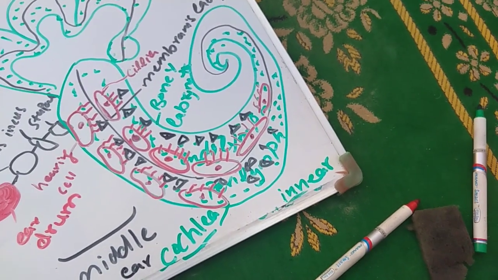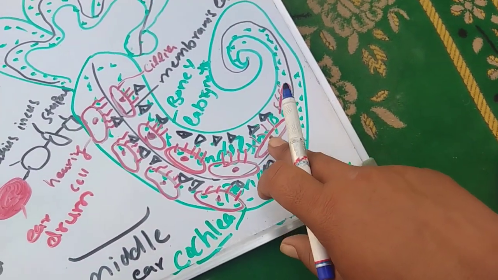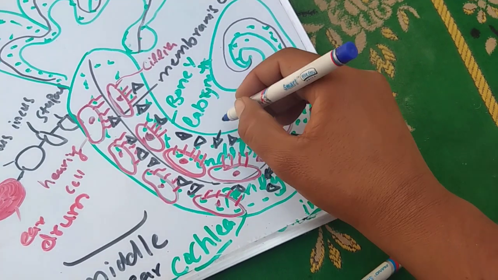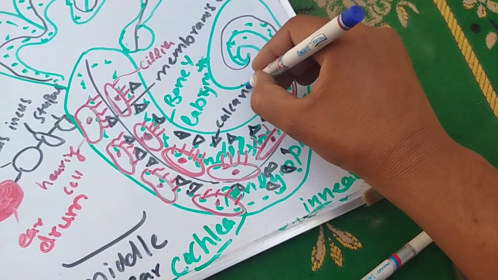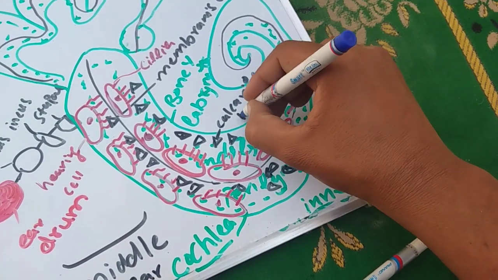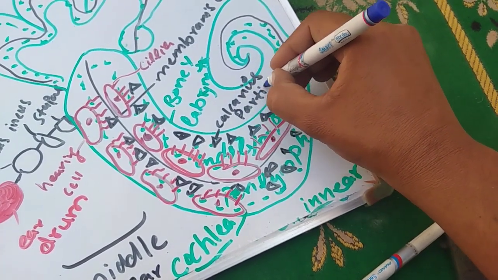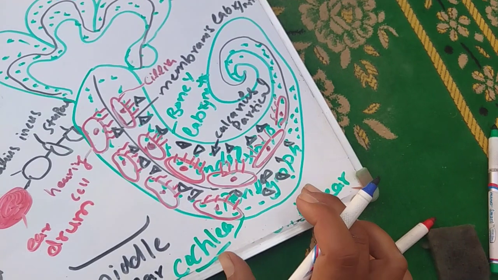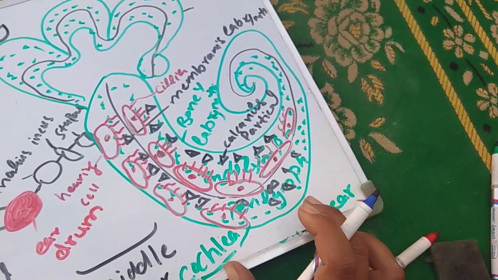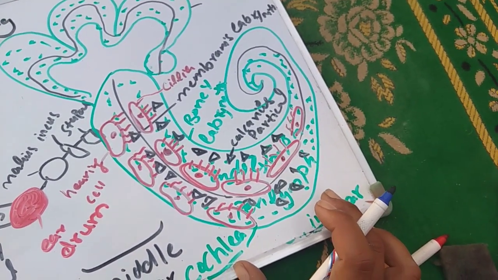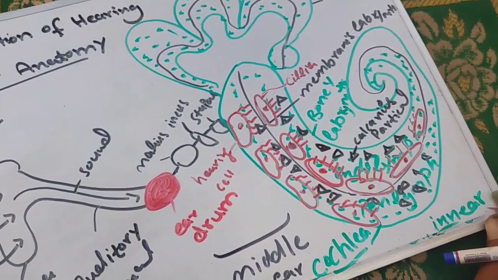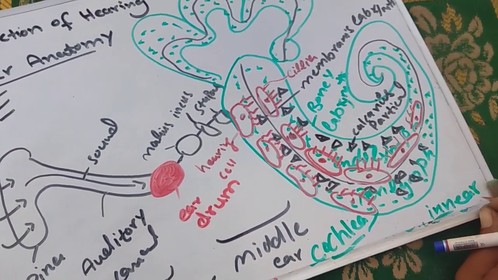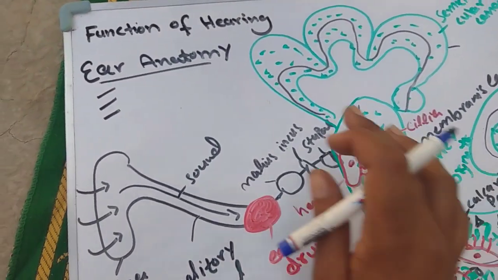So first are the hearing cells with cilia, and second are the calcareous particles. Now our anatomy of the ear is finished.